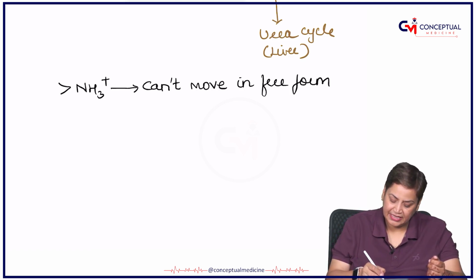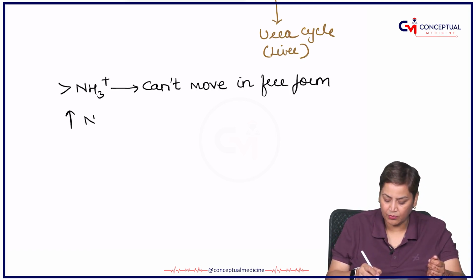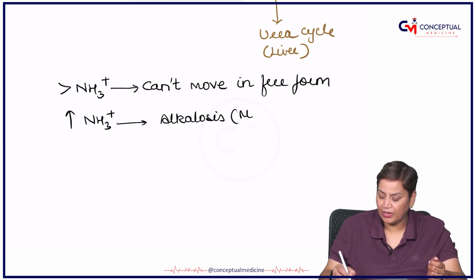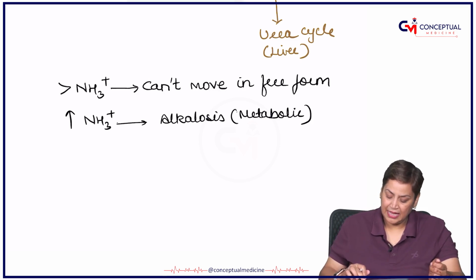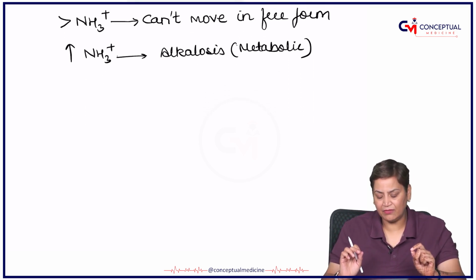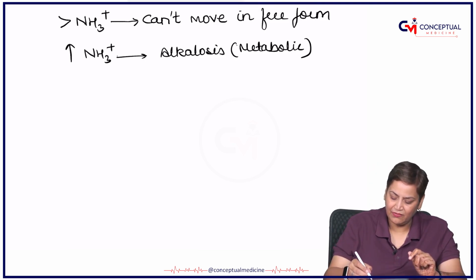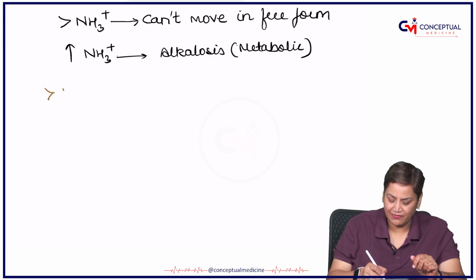Increased concentration of ammonia will lead to alkalosis or metabolic alkalosis, and this will have the worst effect on the brain.